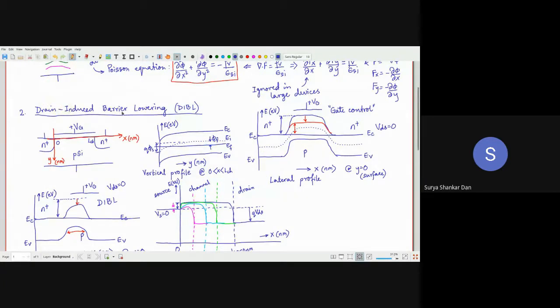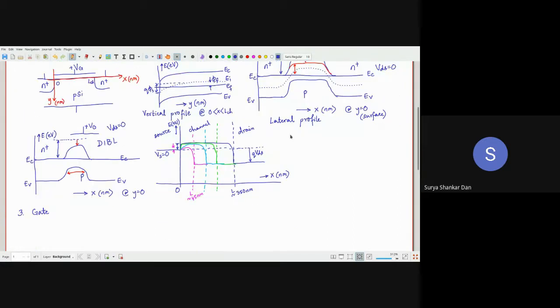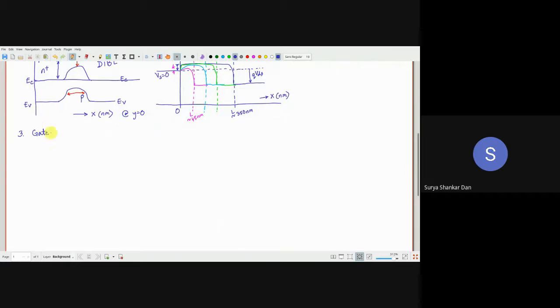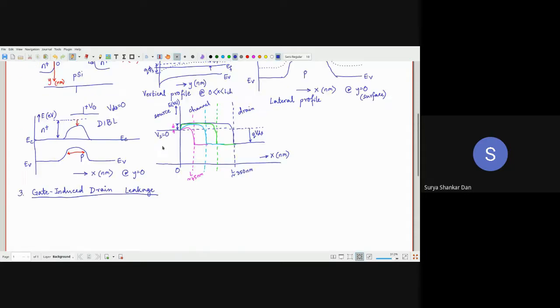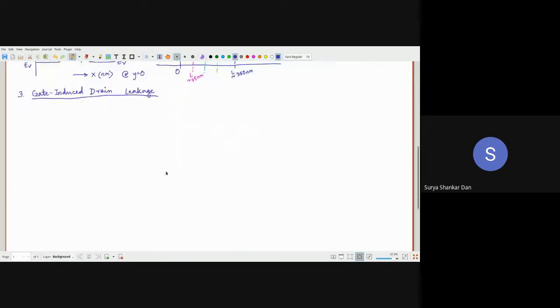So barrier here we are referring to the barrier which is seen on the source channel junction. So this is gate induced drain leakage. Okay, I'll call it GIDL.